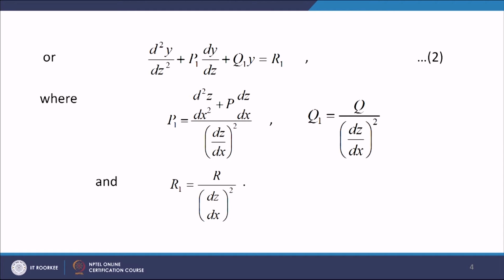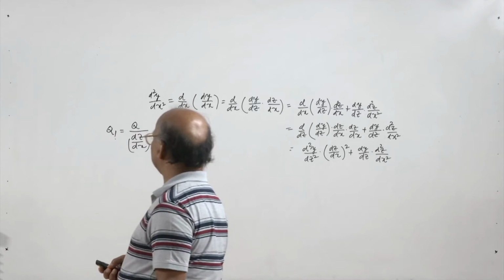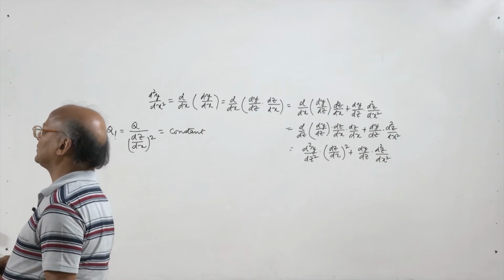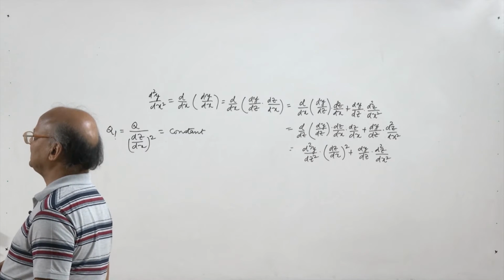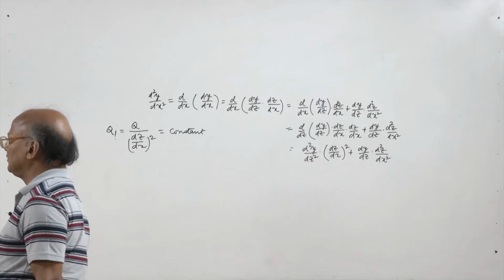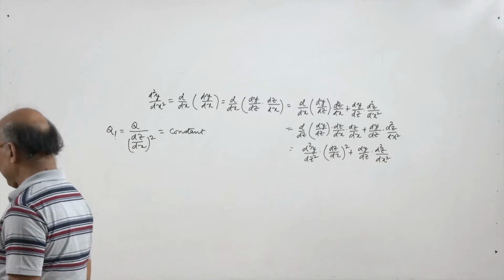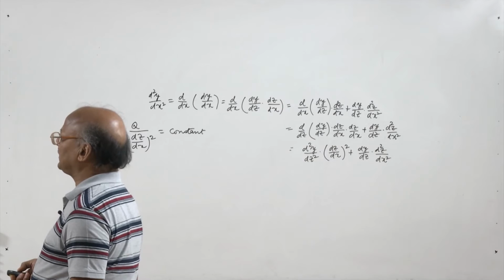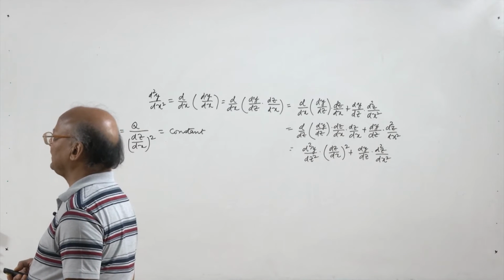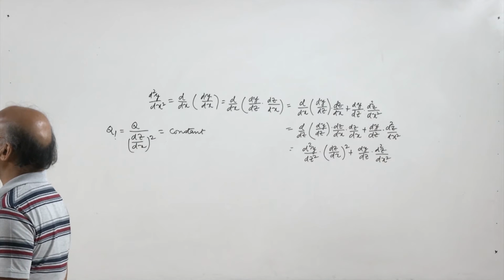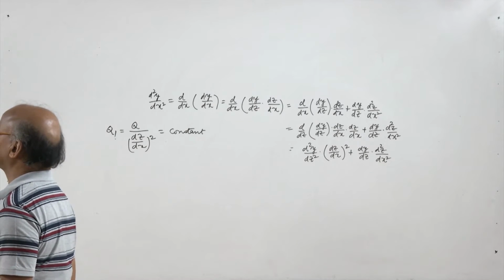So if z is a function of x in such a way that q over (dz/dx)² is a constant, then if p1 also becomes a constant, equation 2 is at once integrable. So this is one possibility where we can find the general solution of equation 2. Now since z is quite arbitrary, it can be chosen to satisfy any assignable condition. So one condition that we put is that q over (dz/dx)² is equal to a constant.